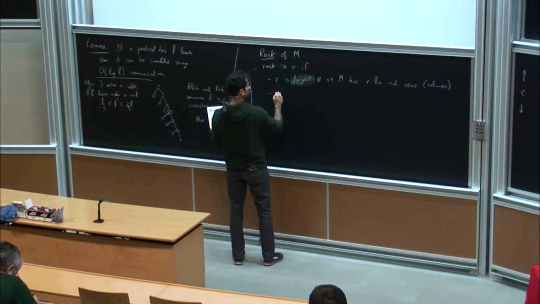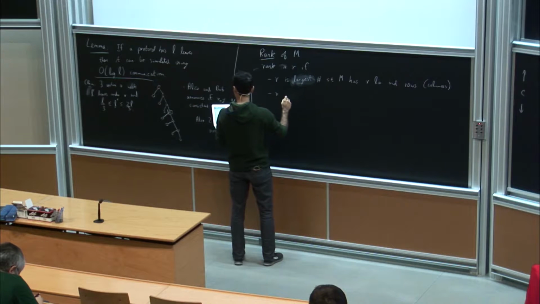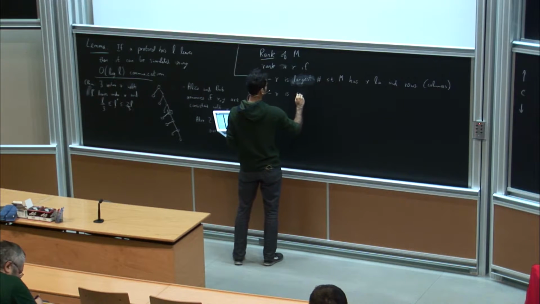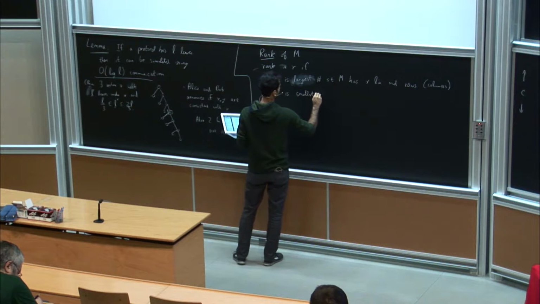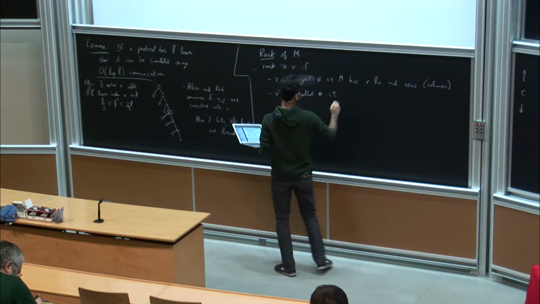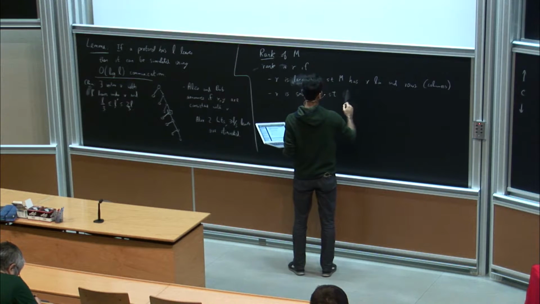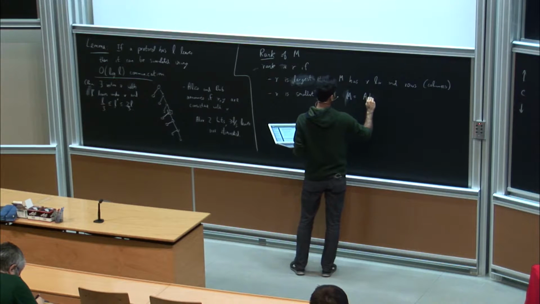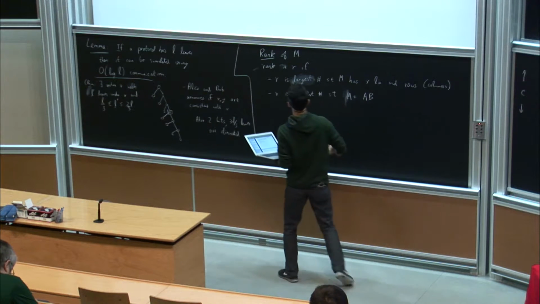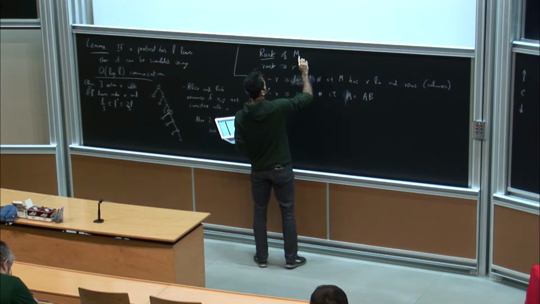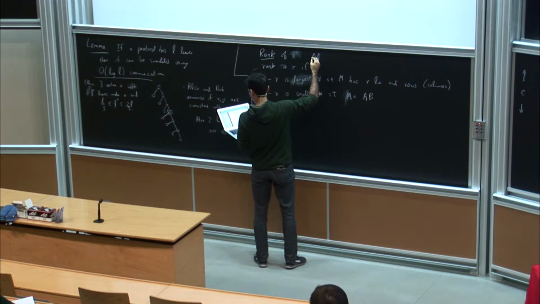And R is the smallest number such that M can be expressed as A times B, where say M is an m by n matrix.